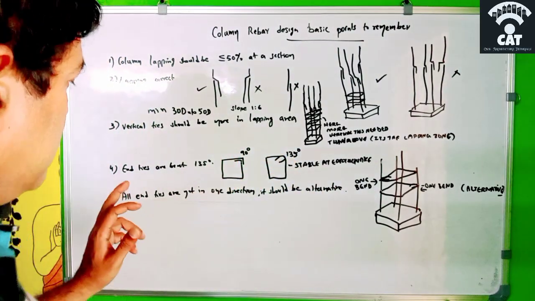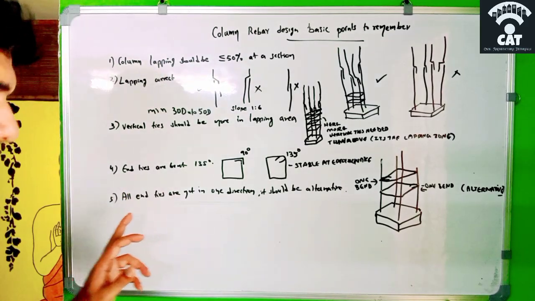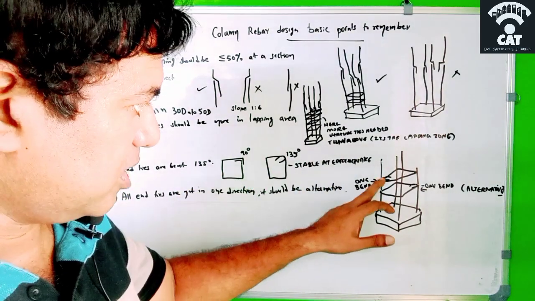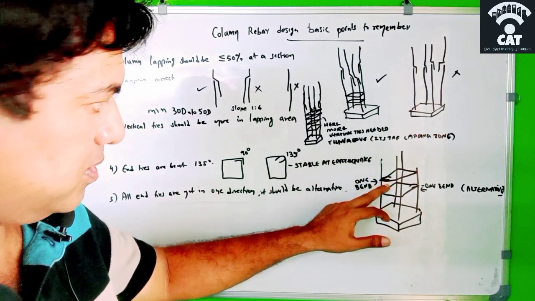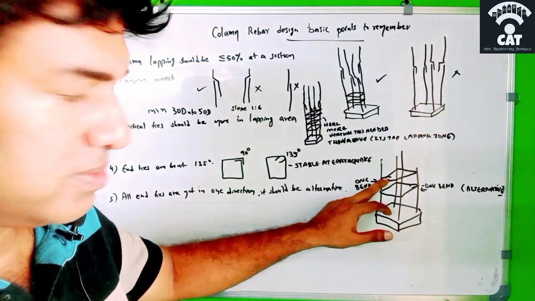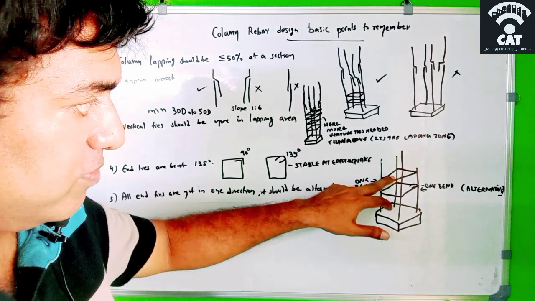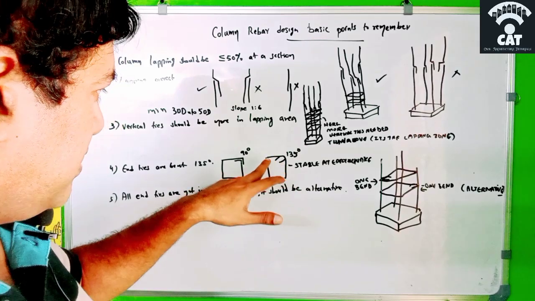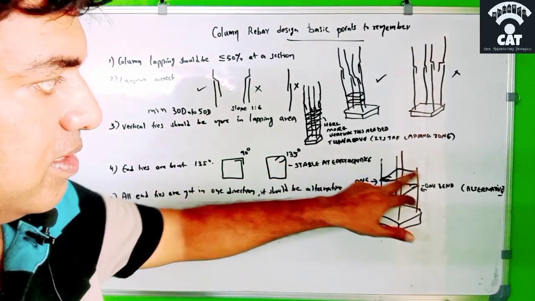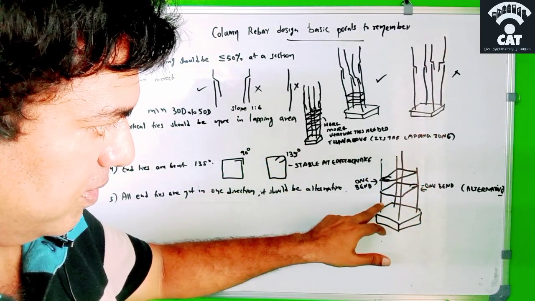Okay, and the last point is that at all ends, the stirrup, or the vertical ties in the column, should be in alternating directions. That is, if the hook of one 135 degree tie bends here, then the other one should be here, then the other one should be here, like that.